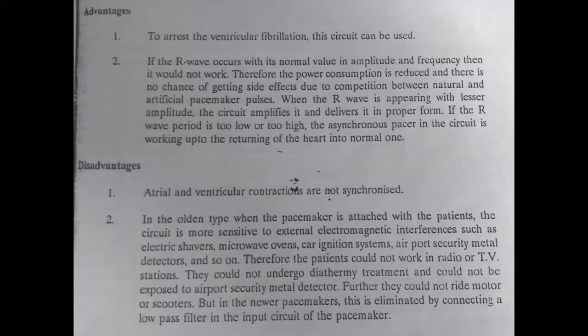If a patient with a pacemaker is working somewhere, electromagnetic interference signals can disturb the pacing signals. Such sources include electric shavers, microwave ovens, car ignition systems, airport security metal detectors, and so on.